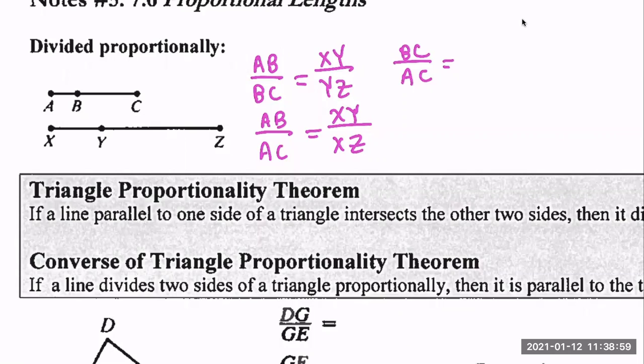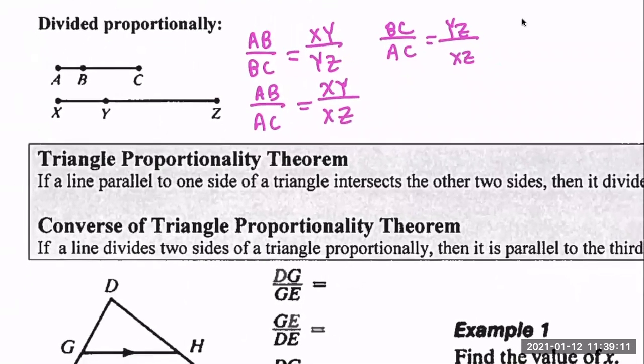Okay, the ones coming through look good. You guys have the medium side length of the bottom would be YZ, and we're comparing it to the entire, which is XZ. Okay, so we're going to be given various scenarios in which we have to solve for a missing side or a missing segment.